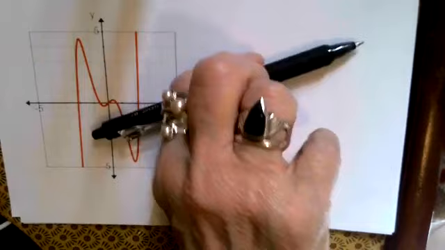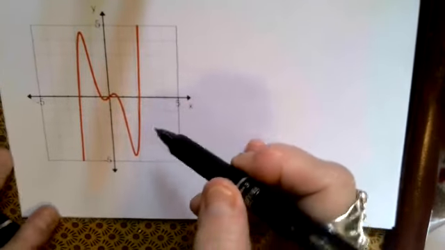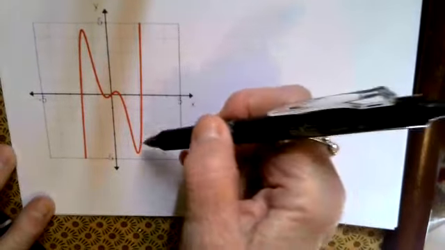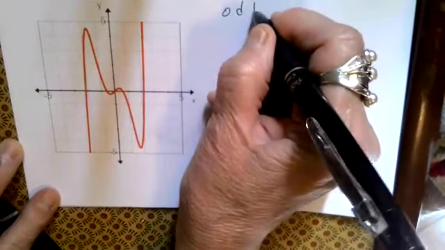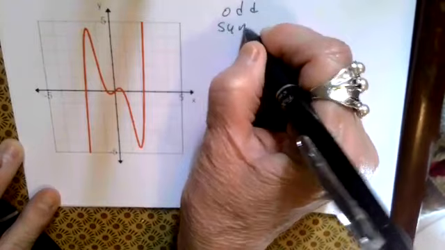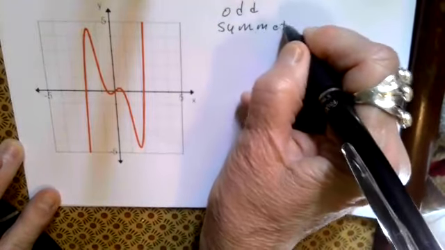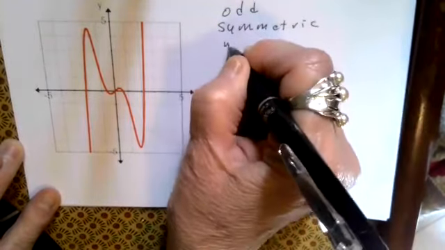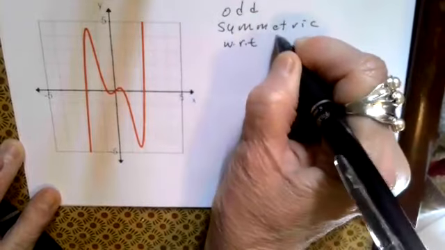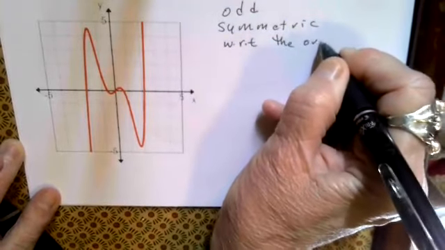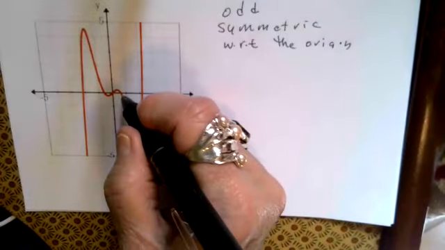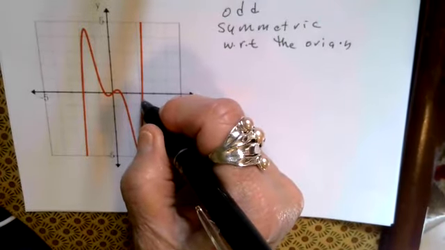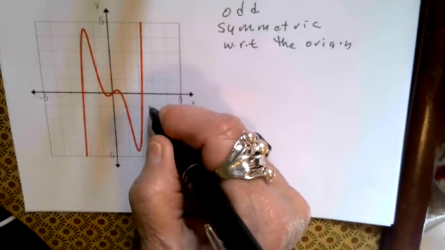Okay, so if we look at this example, I can see that it does look like it has the odd symmetry. It's symmetric with respect to the origin. And you can see on here that it has a point 2, negative 3.